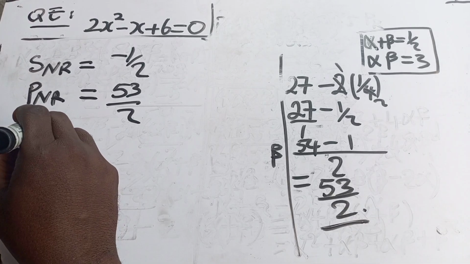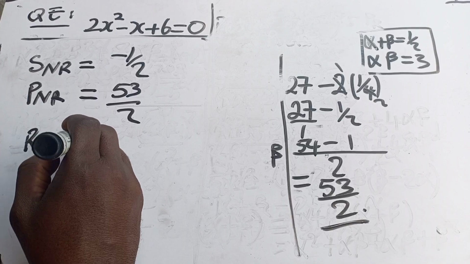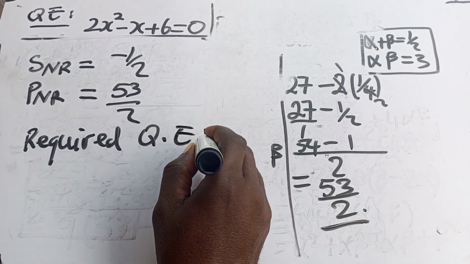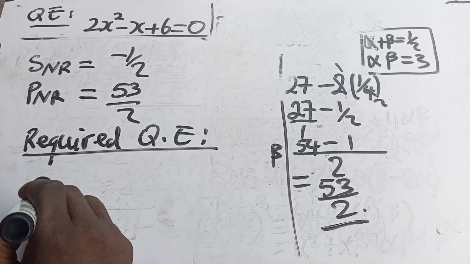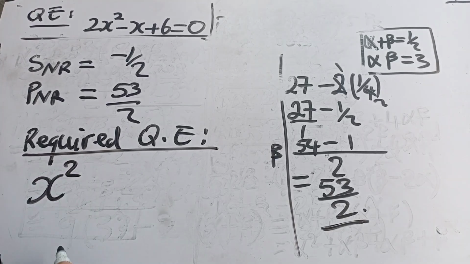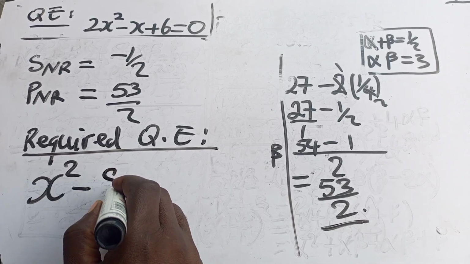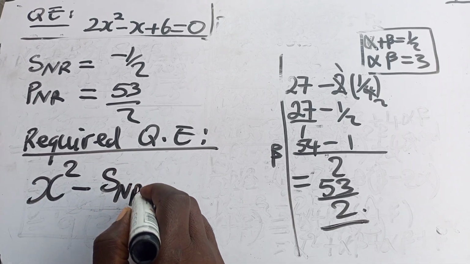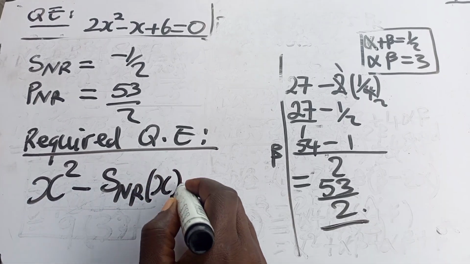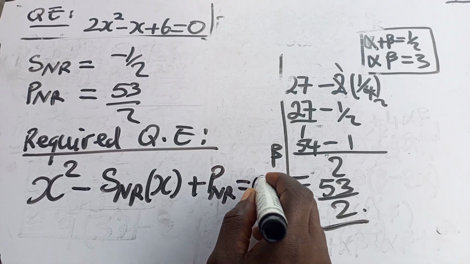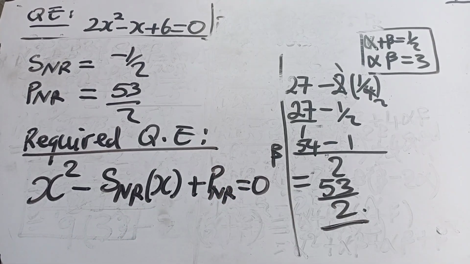Okay, the required quadratic equation has the nature x squared, because our variable is x, squared minus sum of new roots multiplied to x plus product of new roots equals 0. This is the nature of the quadratic equation.